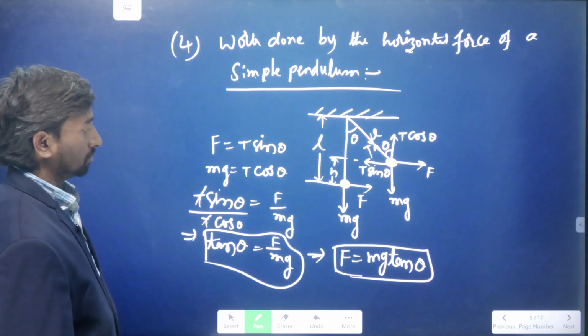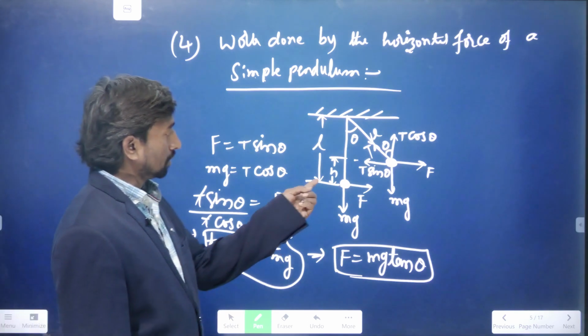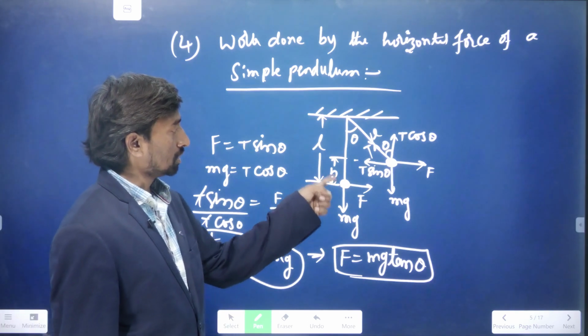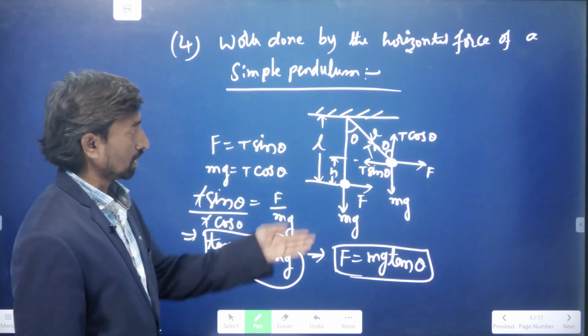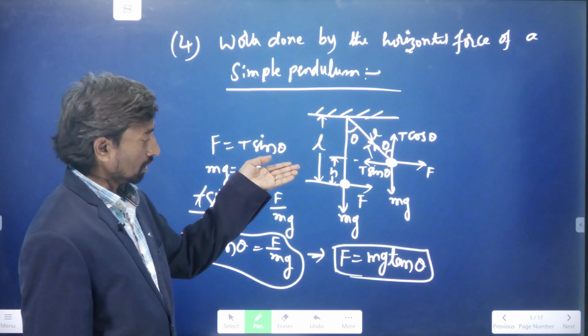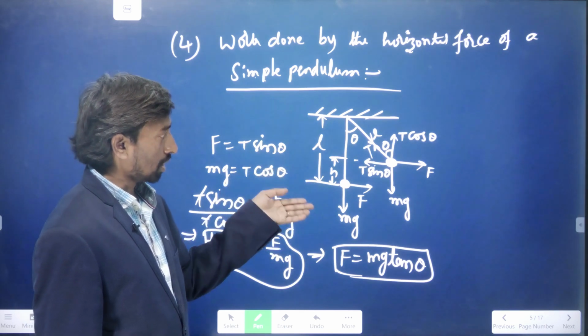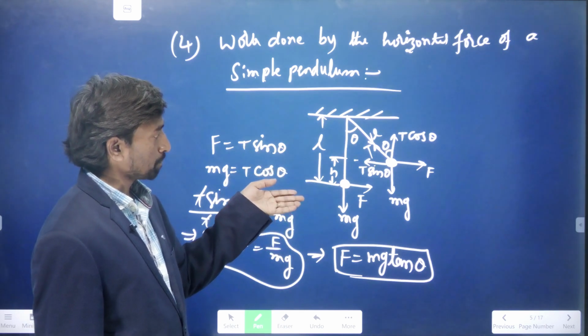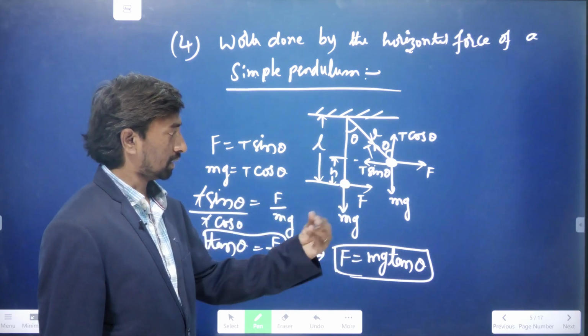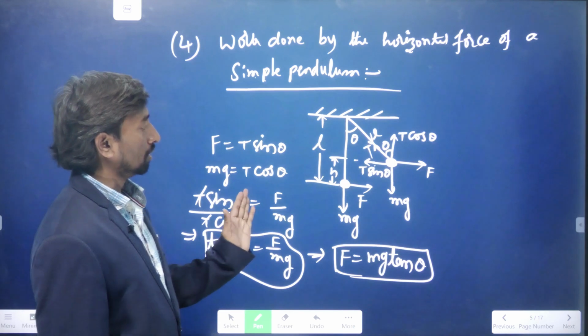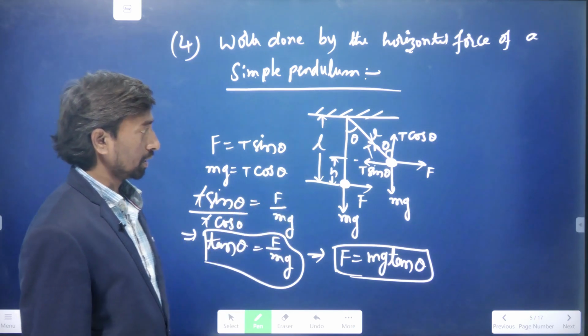Then here h, how much displacement of this body has taken place? H distance, it is moving upwards. This horizontal force is applying in the horizontal direction, and the weight is acting in the downward direction, and it is moving in the upward direction.